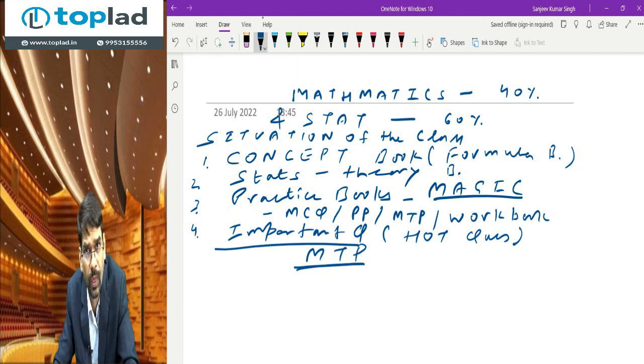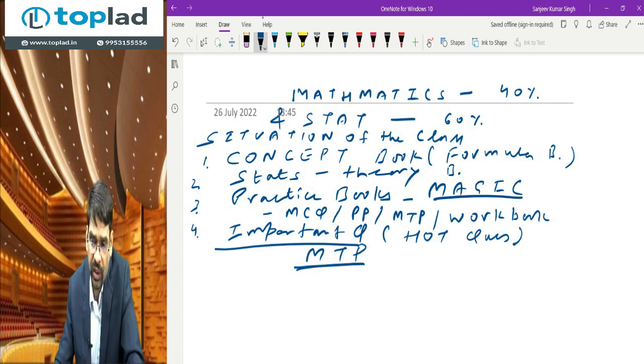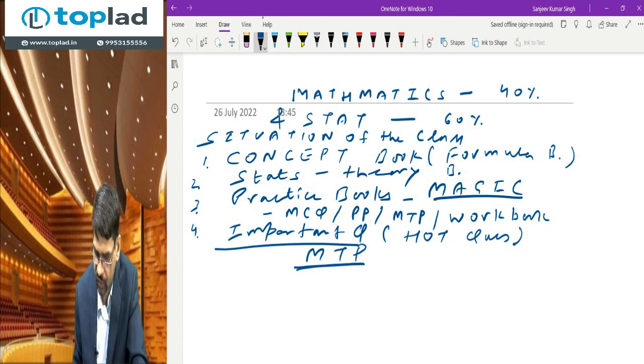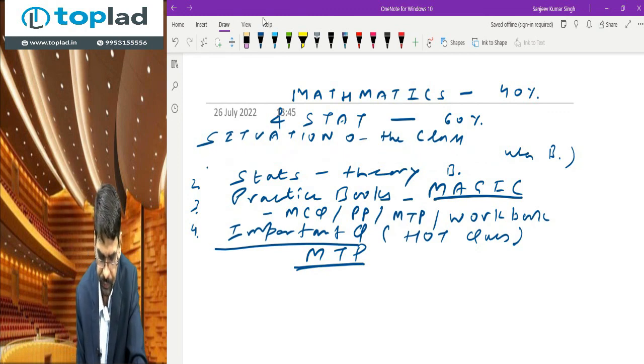Our institute also provides mock test papers. Under the mock test papers, you can see very important questions and very important concepts asked by our institute, so that you can get good marks. Okay, friends?